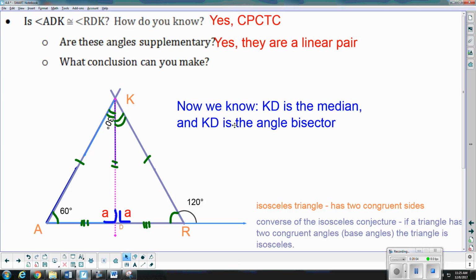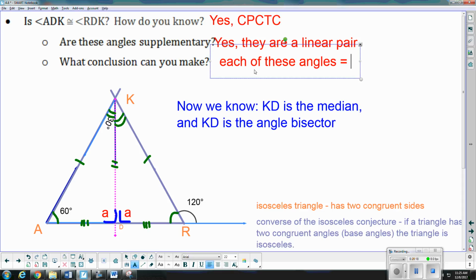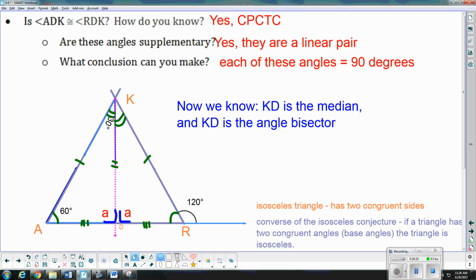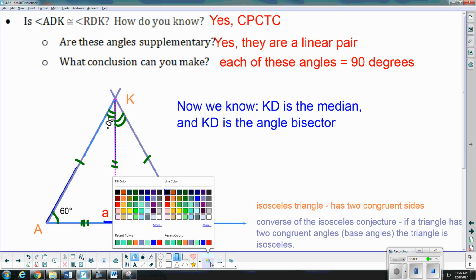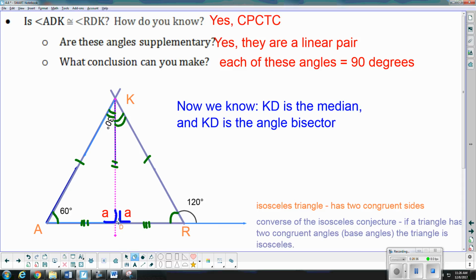So that means that 2A equals 180, which means that they each have to be 90 degrees. All right, so now that we know this is 90 degrees, I'll actually mark it 90 degrees, and we'll do that in red. All right, so this is 90 degrees, and this is 90 degrees.